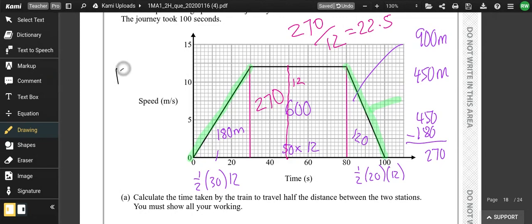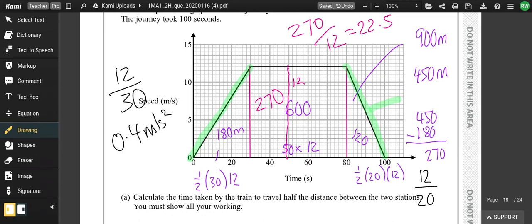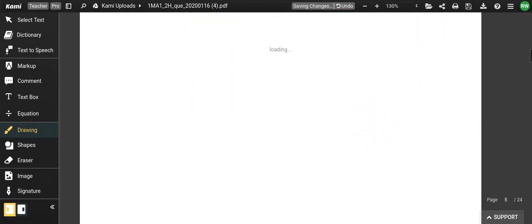So 12 is the change in y divided by 30 for the first one, and then 12 divided by 20 for the second one. So 12 over 30 is 0.4 meters per second squared, and 12 over 20, 0.6. Well, it's a negative, so minus 0.6 meters per second squared. So you can compare those two accelerations using numbers as well.